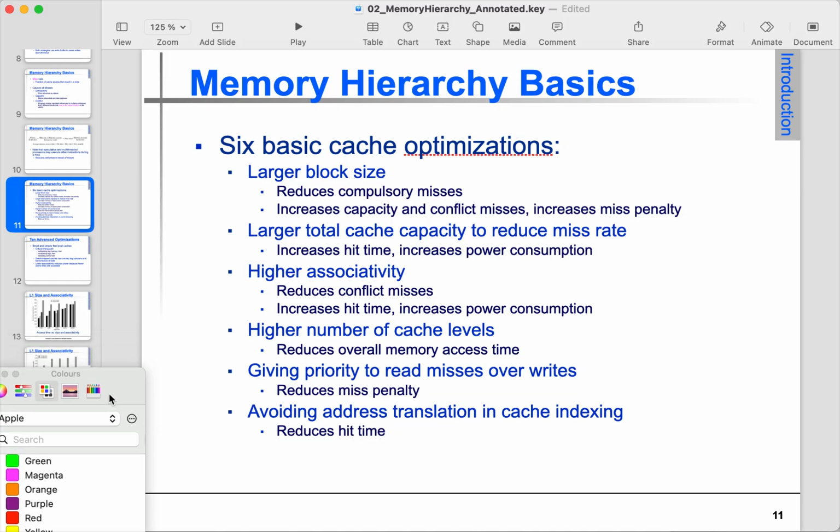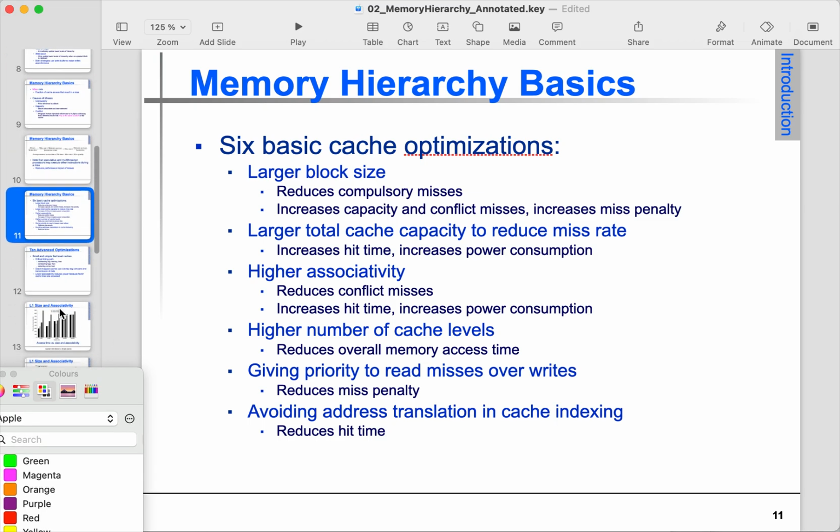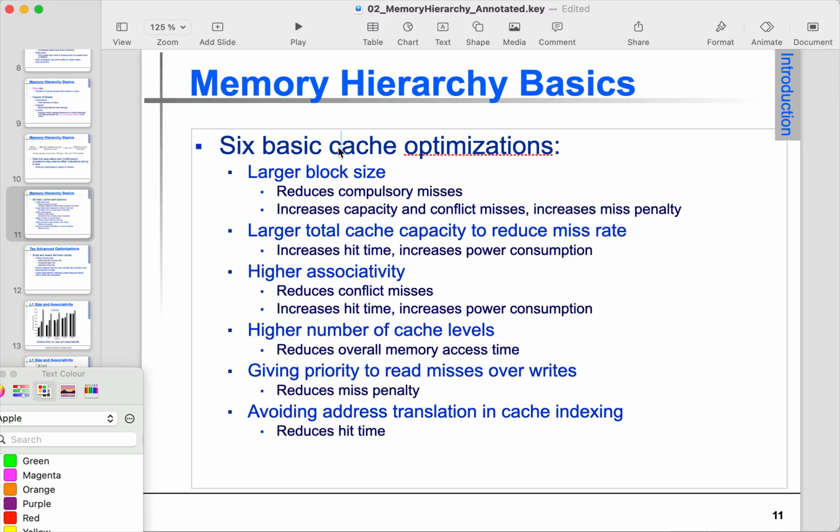We mentioned that cache is added as one of the fastest memories available because it is inside the CPU. So in addition to having the cache to increase our speed and performance, we could do some cache optimizations to improve our performance even further.